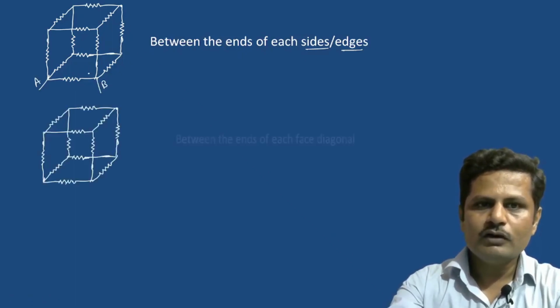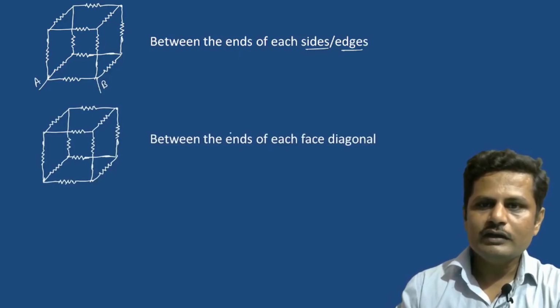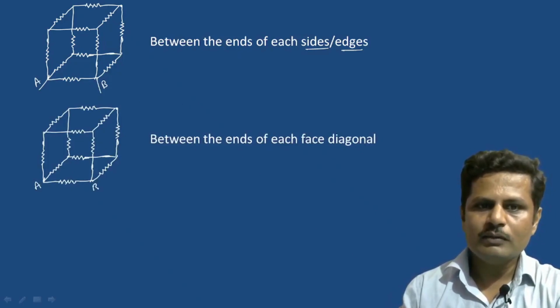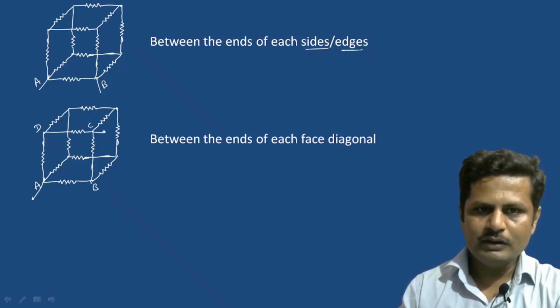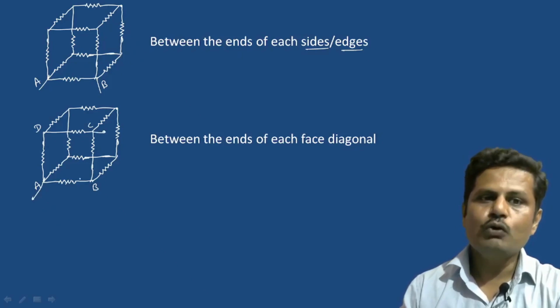If you want to find out between the ends of each face diagonal, let me take this face, that is ABCD, one face. The face diagonal is nothing but AC, or BD. Between the ends of each face diagonal, that means between the points A and C, or between the points B and D, if they ask how to find out.